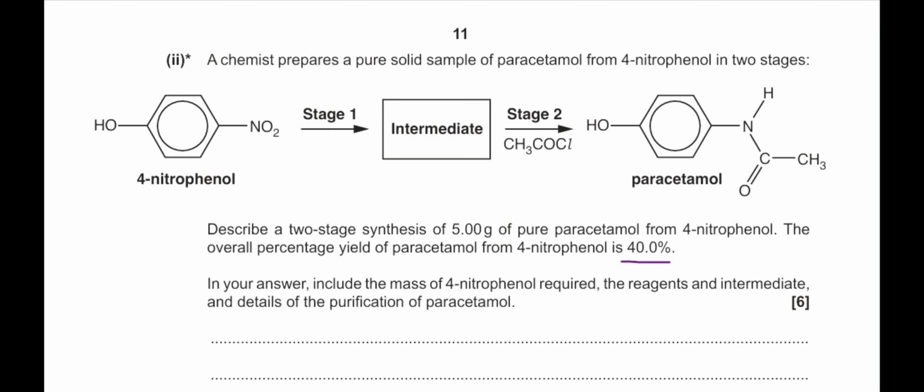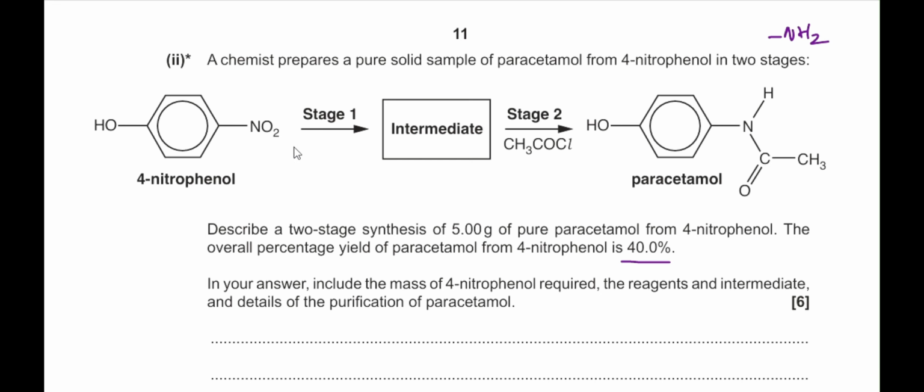Looking at stage 2, the end product is obtained from the reaction of the intermediate with CH3COCl. Therefore CH3CO is coming from the CH3COCl, and the Cl atom must have gone away with the hydrogen atom, leaving behind the NH group. Therefore the intermediate must have NH2 there.